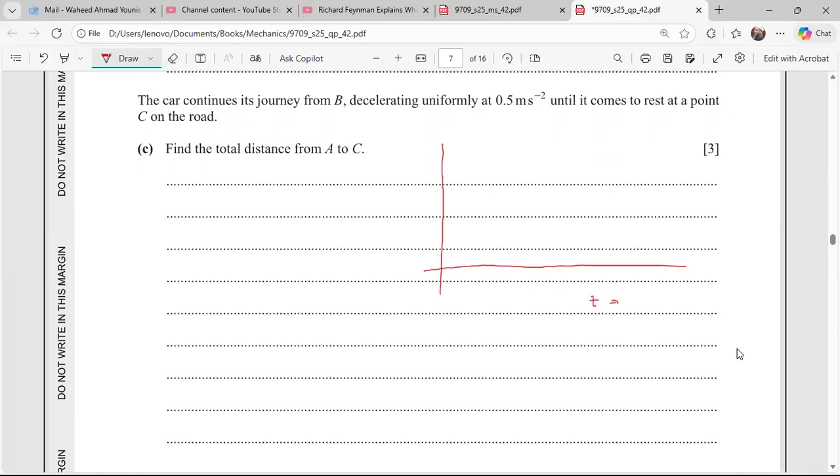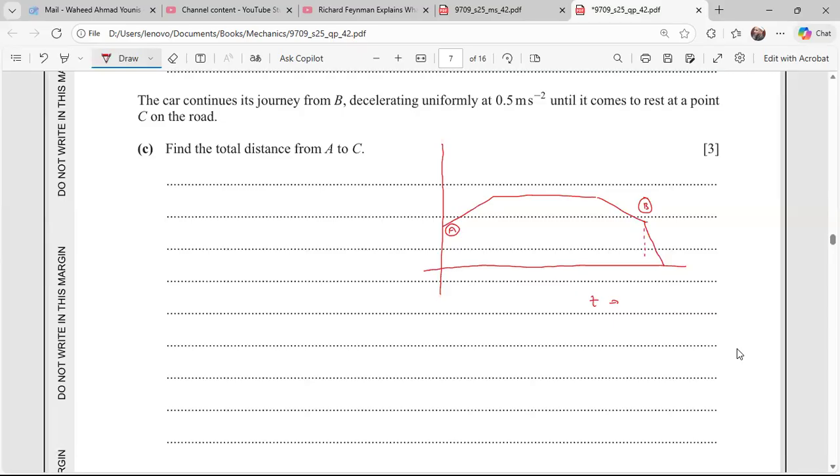We saw that it started from 15, reached 27, continued at 27, and then it has some deceleration. And now they're saying this was point B, and this was point A. We did it in part one. From here, it decelerates at a higher rate, and it comes to rest after some time.